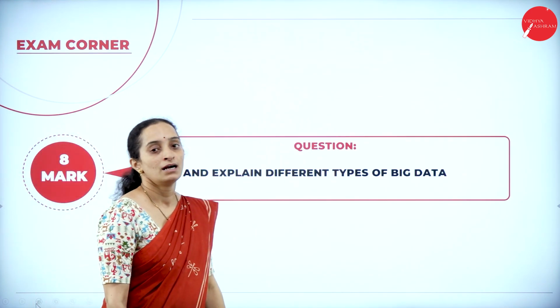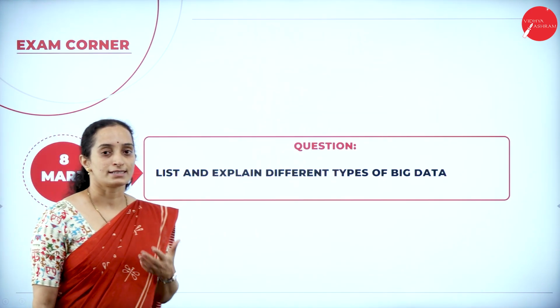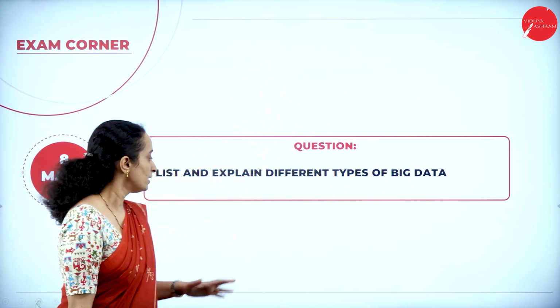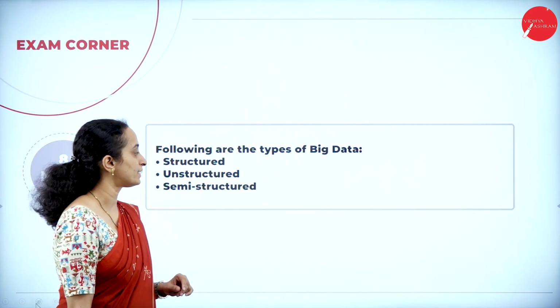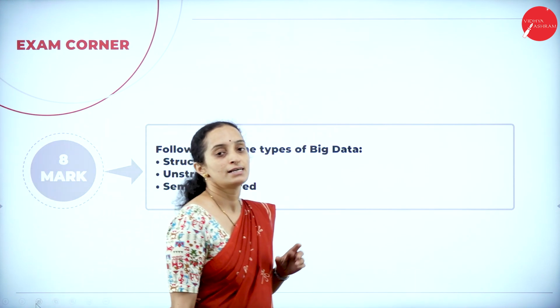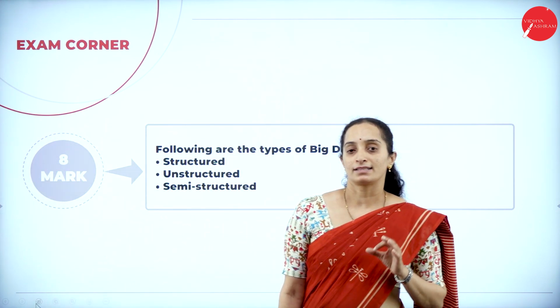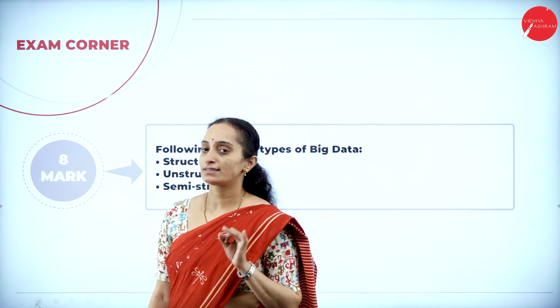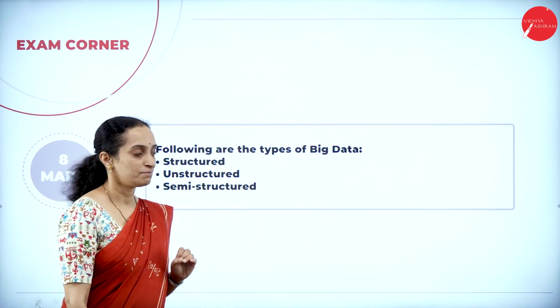Next thing is the third unit, that is about the big data. Okay. First thing is to know the different types of big data. One is structured big data, another is unstructured big data, and third one is semi-structured big data.